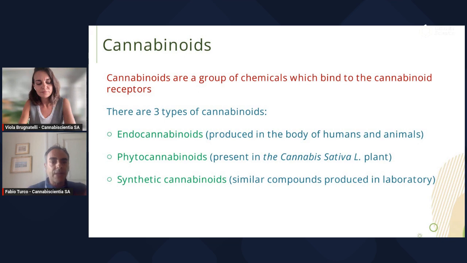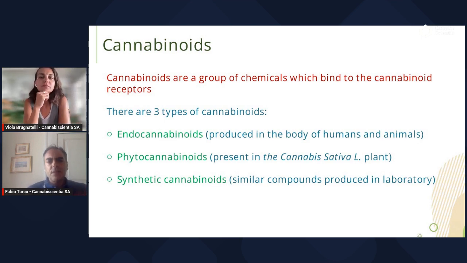Then we have phytocannabinoids. They are also naturally occurring compounds, produced by the cannabis plant. They also have the ability to interact with the components of the endocannabinoid system and exert various effects on the body and the mind. Finally, we have synthetic cannabinoids, that are synthetic compounds designed to mimic the structure of natural cannabinoids.